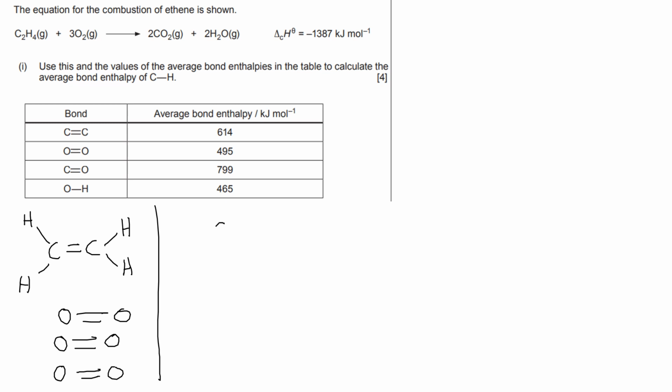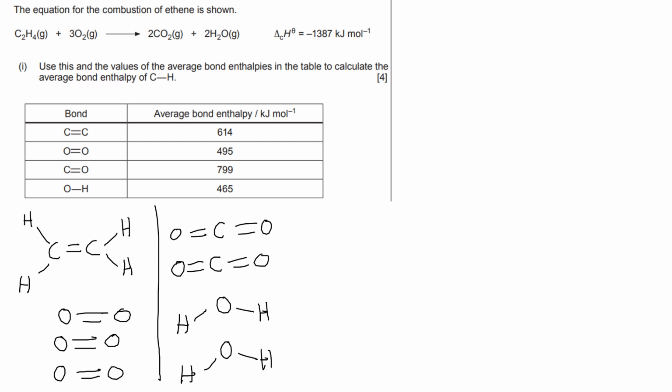And then the products, you've got 2 lots of CO2. And then you've got 2 lots of water. And the aim is to calculate this CH bond.